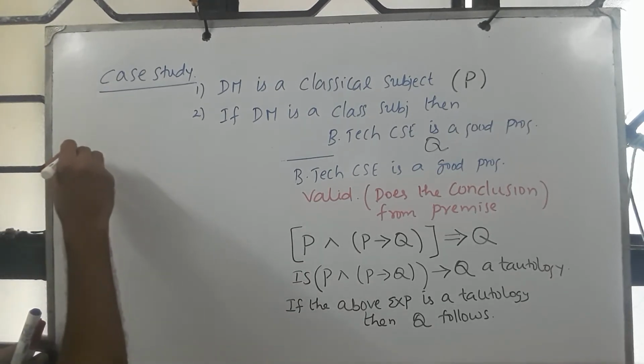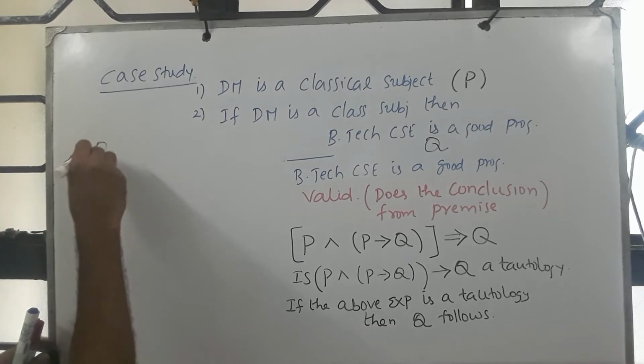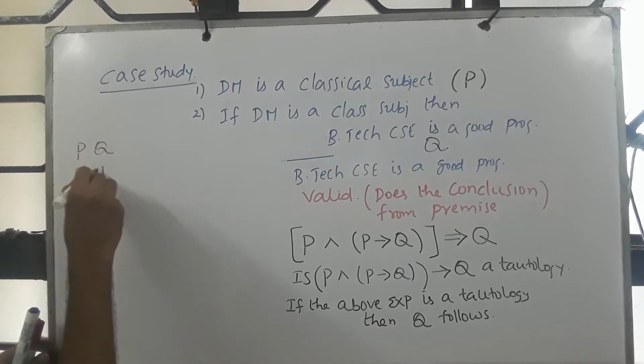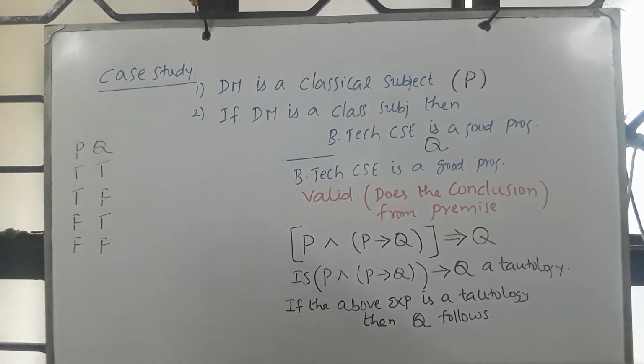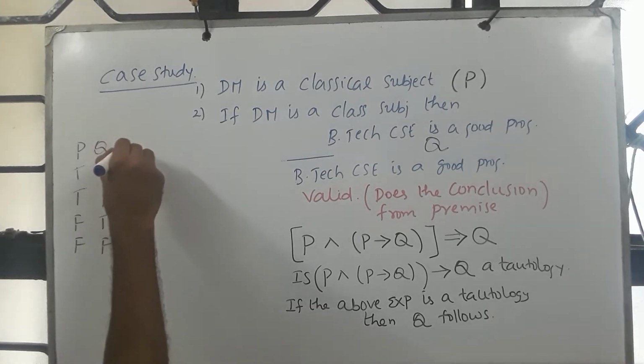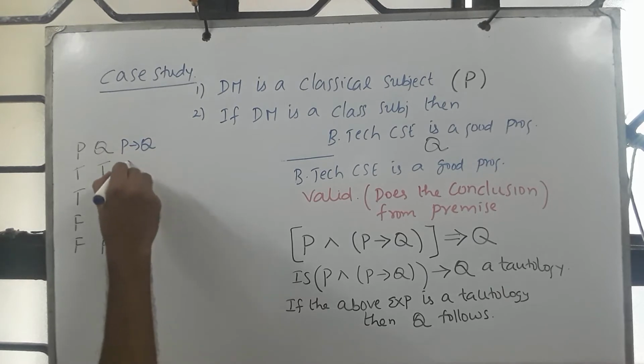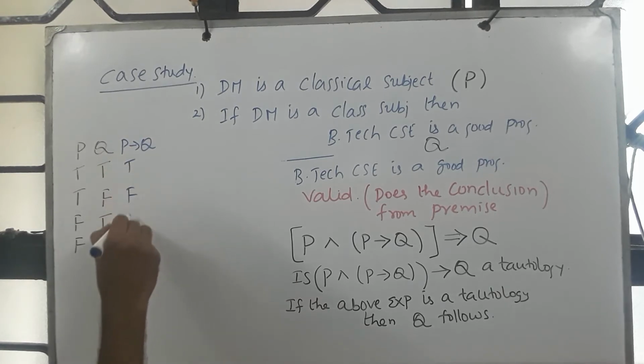So what we have is P, Q, taking the values true true, true false, false true, false false. And now we look at P implies Q, which is true, false, true, true.